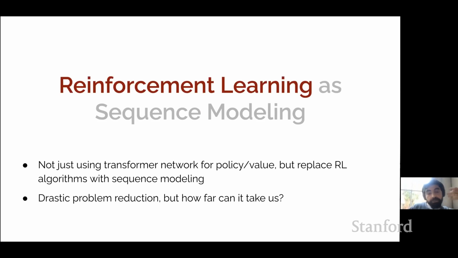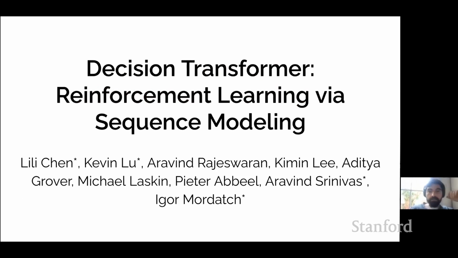Replace all of that complexity with just a single sequence modeling objective. So this is a very drastic problem reduction, but I think it's worth asking, how far can just such a reduction take us? And this is the hypothesis that we try to explore in the recent decision transformer paper with colleagues at UC Berkeley. And so what we're going to be playing around with here is actually just the sequences, the nature of the sequences that we feed into these models.